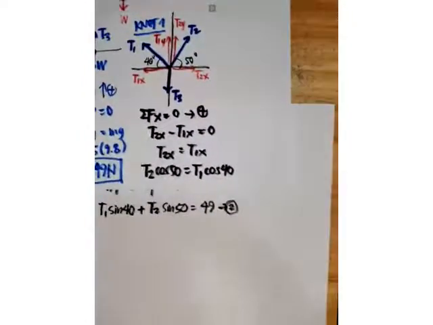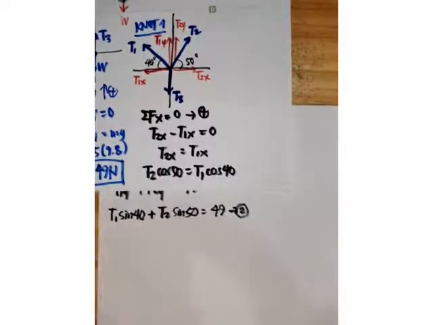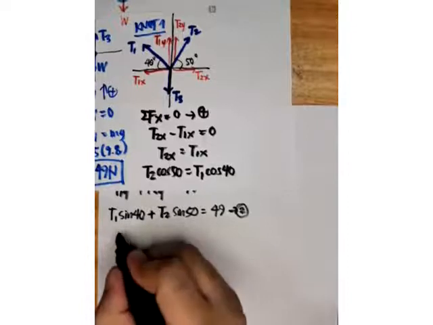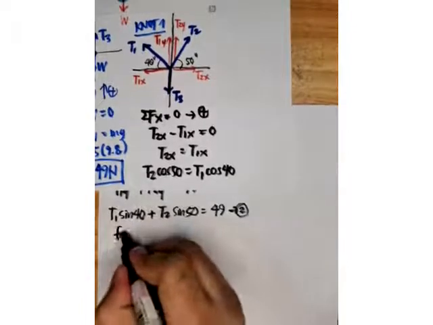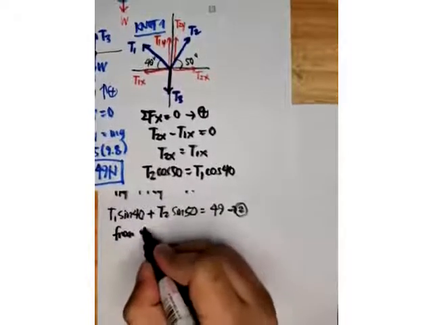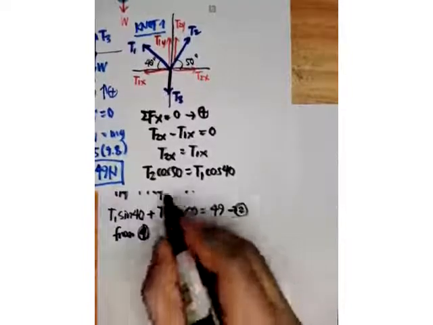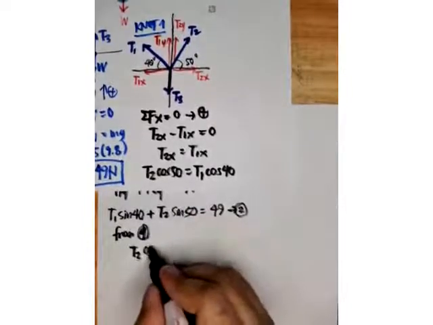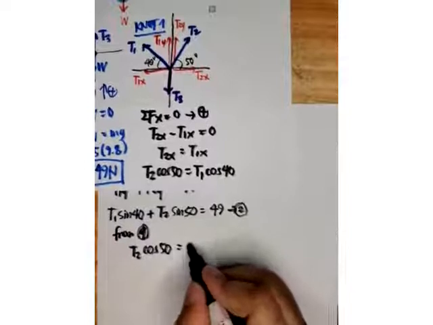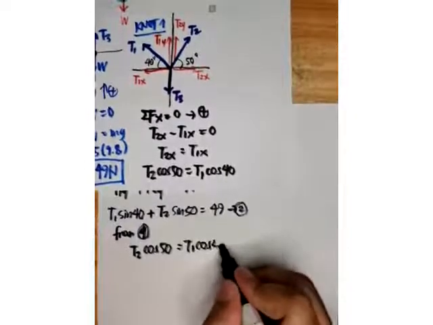Okay? So kayo na bahala kung anong gusto yung gawin, substitution ba tayo or mag-elimination. Para sa ganito, para sa akin ay mas madali ang substitution kasi cosine mga yan at saka sine. So from equation 1, T2 cosine 50 is equal to T1 cosine 40.